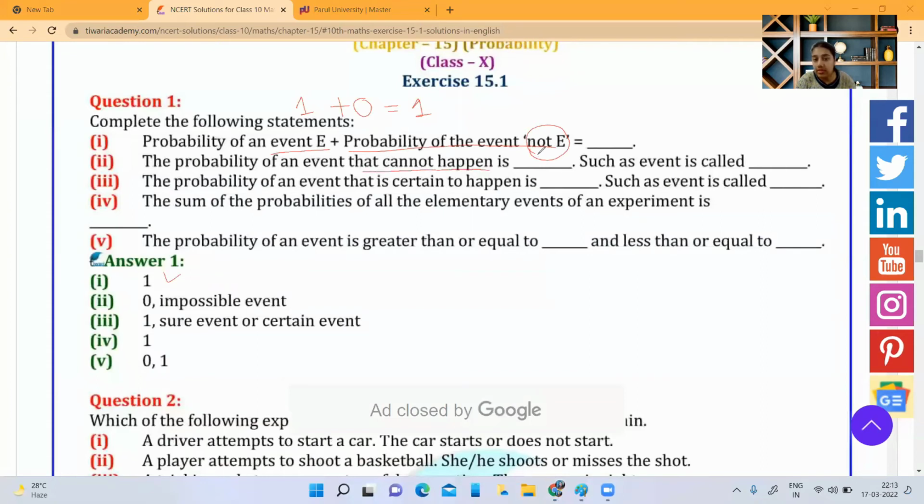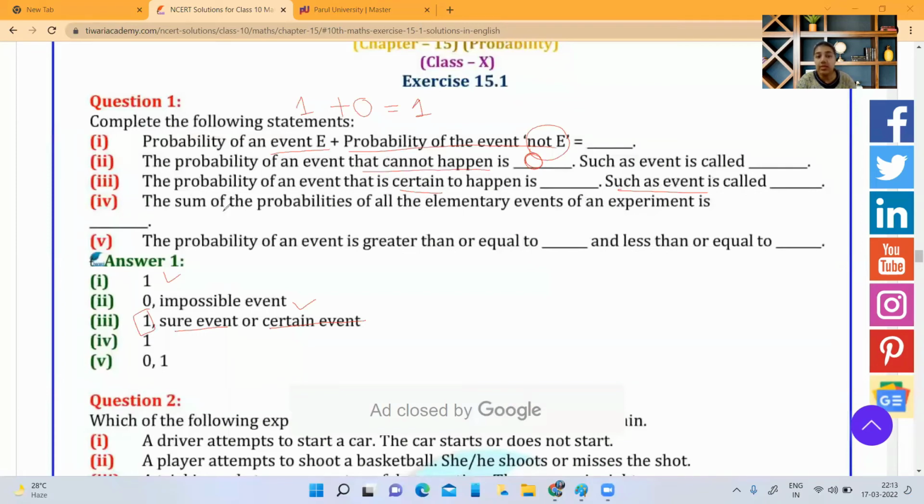That is 0, and we call it an impossible event. We already covered that. The probability of an event that is certain to happen means it is going to happen. In that case, the probability will be 1, and such an event we call a sure event or certain event. Both names are correct.